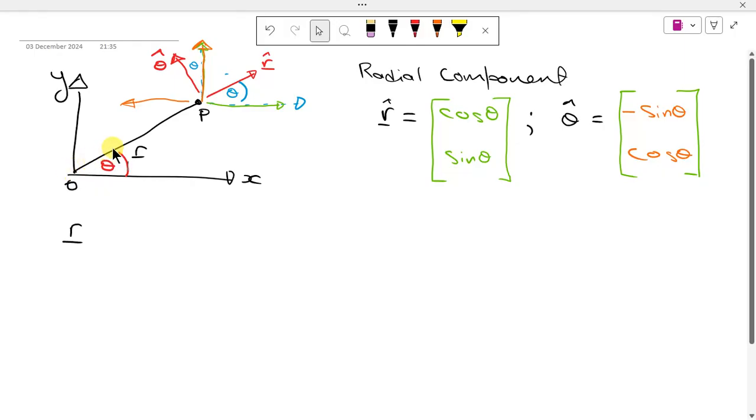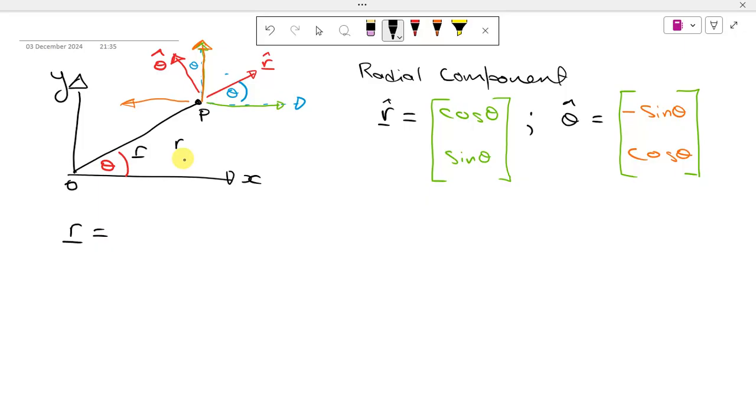This radial vector r, which I've underlined as a vector there, is equal to r. So the magnitude of this radial vector is r, just r like that. So that's the magnitude of it.